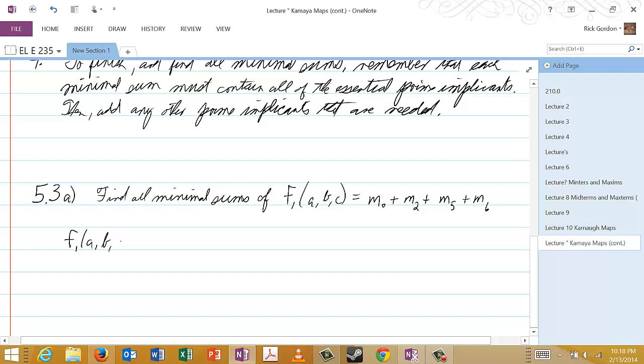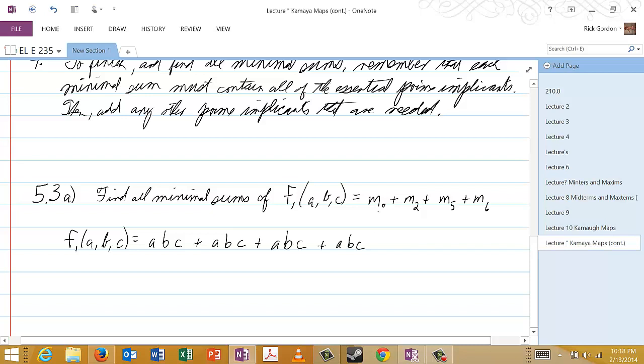If we wrote out this function in algebraic notation, each one of these min terms will have a, b, and c in it. So I'll go ahead and write a, b, c, a, b, c, a, b, c, and a, b, c.